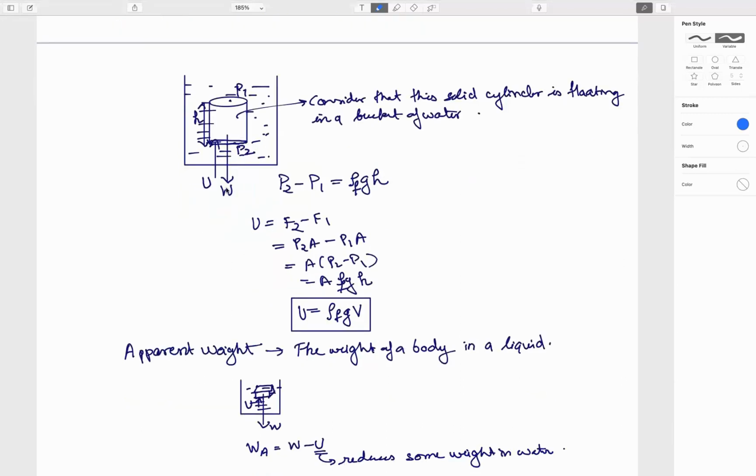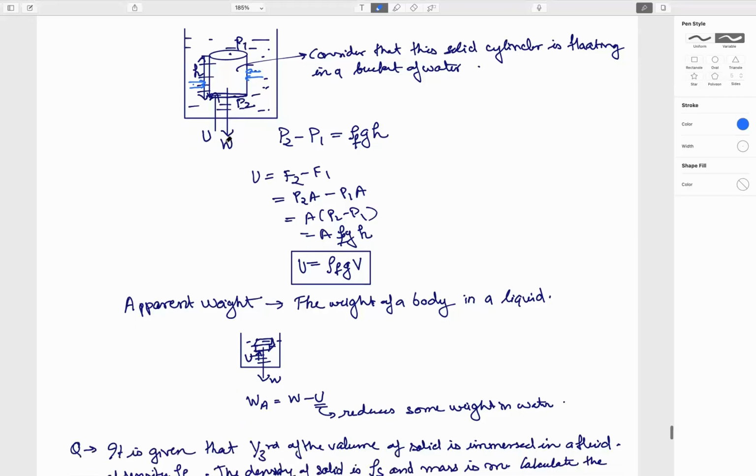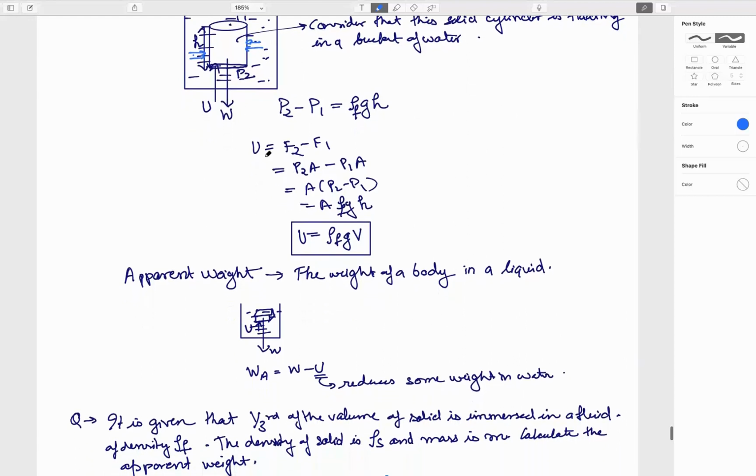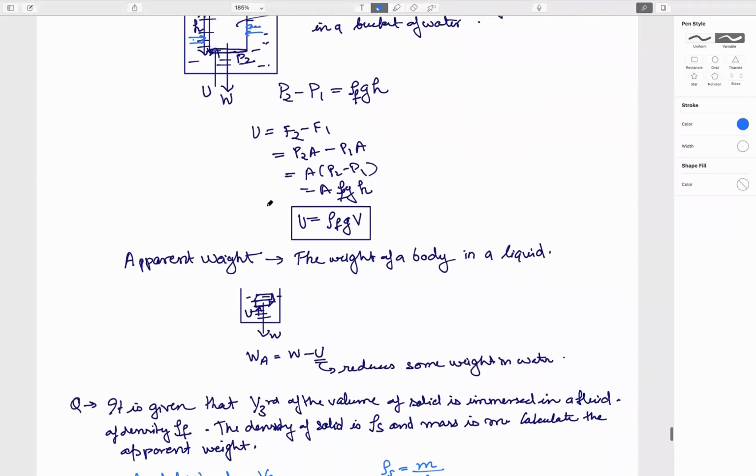We tried to calculate the upthrust acting on it. Upthrust is nothing but the net force exerted by the fluid on this body. In the horizontal direction, the forces balance out each other. But in the perpendicular direction, there is a pressure difference creating a thrust, and we calculated this thrust to be rho f g into V, where V is the volume of the body.